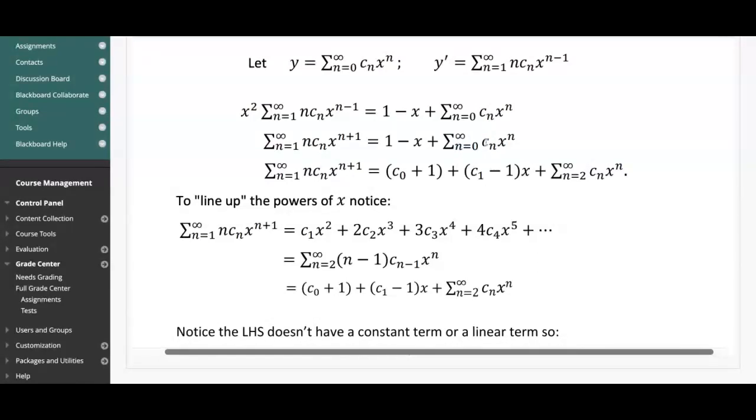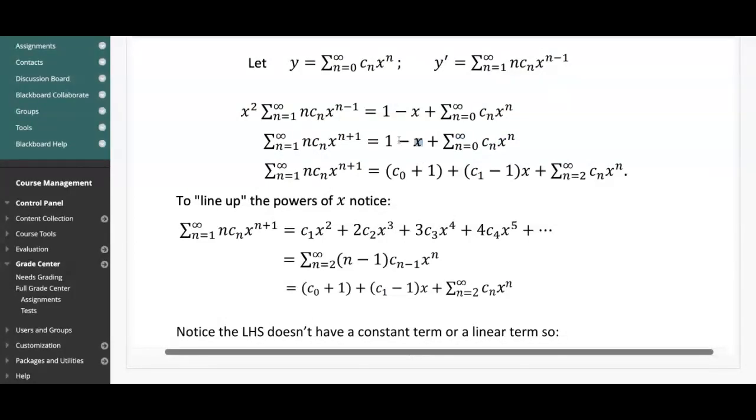When n equals 0, we have c naught x raised to 0, which is 1. So we get this constant, right? Constant plus this 1. When n equals 1, we have c1 x raised to 1, our second term.